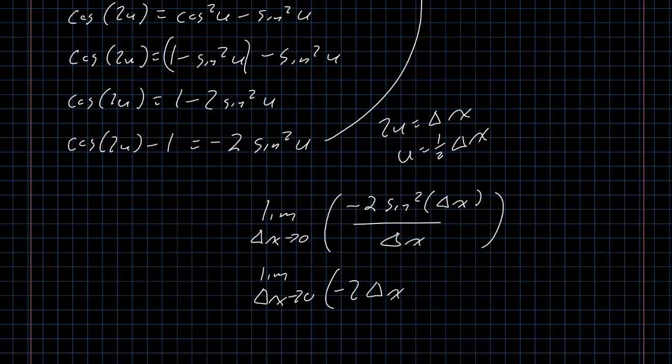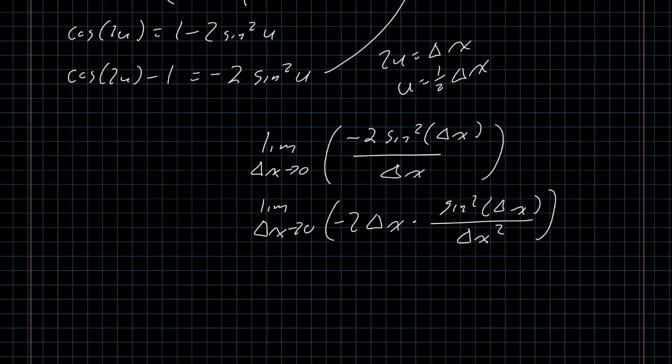And now I'm going to do something a little bit strange. I'm going to multiply and divide by delta x, so I can rewrite this as negative 2 delta x times sine squared of delta x over 2, divided by delta x squared.